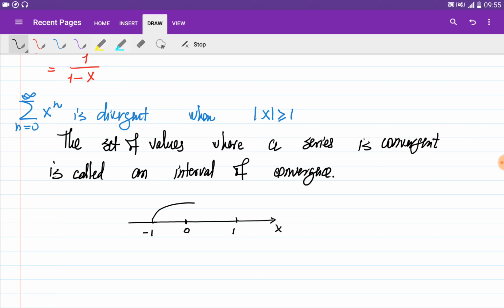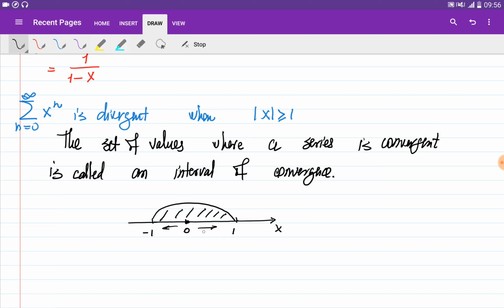So if I'm sitting in the center, the possible values for x can be between -1 and 1. Or we can say, if you're in the center, you can go to the left or to the right, maximum 1 unit, so that the series is still convergent.